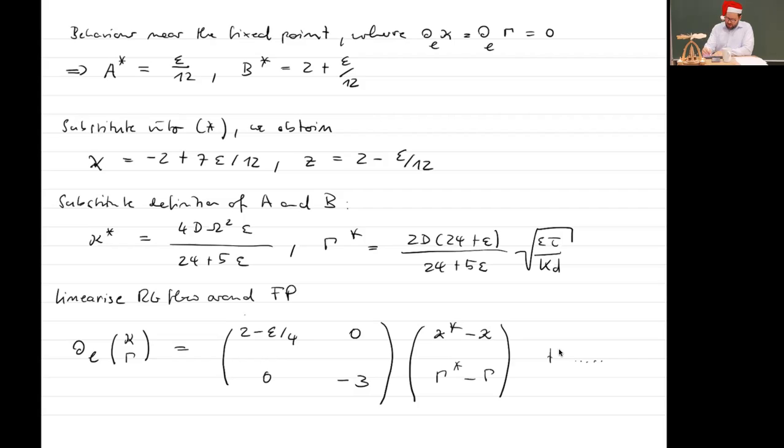This is the Jacobian. Okay, so the eigenvalues determine stability.